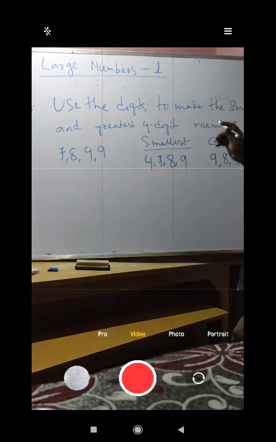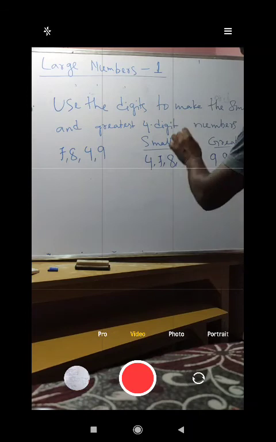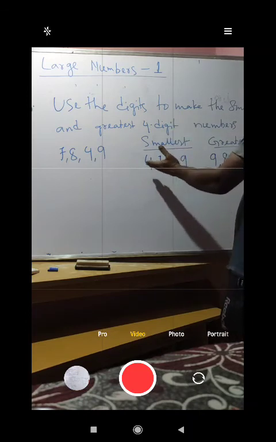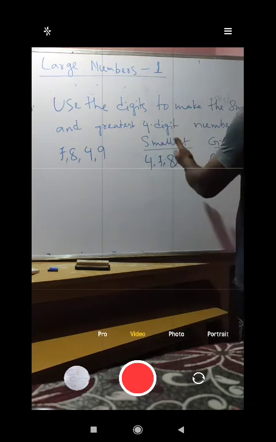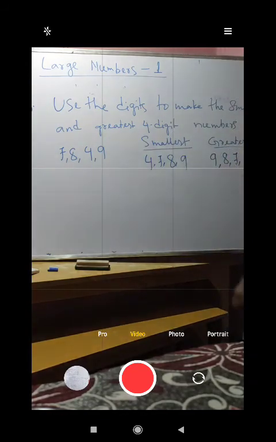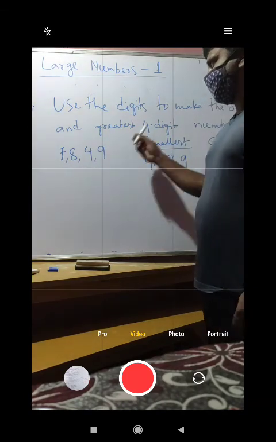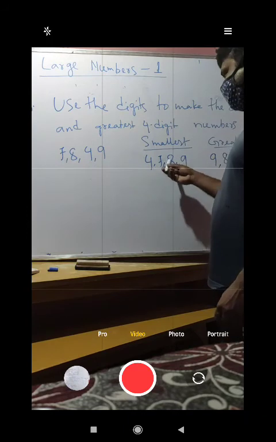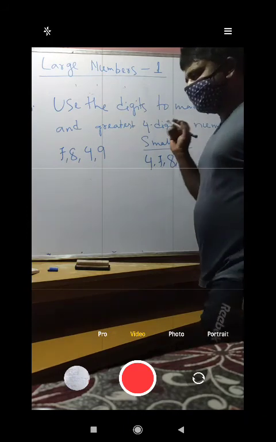Smallest means you take the small number first, from small to big. For the greatest number you start from the bigger number. So for the greatest we get 9, 8, 7, 4, and for the smallest among these four numbers we get 4, 7, 8, 9.